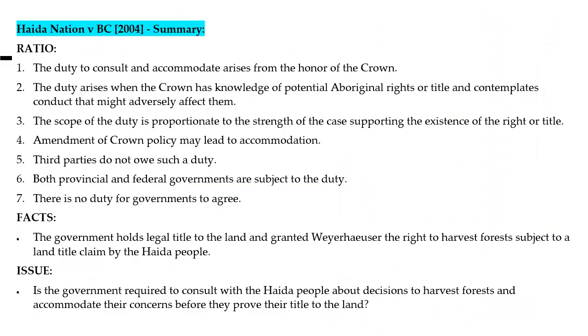So now comes the landmark case on duty to consult, Haida Nation versus BC, 2004. So the duty to consult and accommodate arises from the honor of the Crown. It's the Crown's duty. The Crown has knowledge of a potential Aboriginal right or title and contemplates conduct that might adversely affect them. So when the Crown has knowledge, and this word knowledge is important, then it becomes the duty of the Crown to consult the people who are going to be affected by that change.